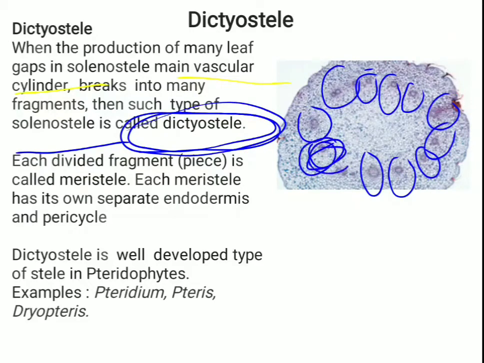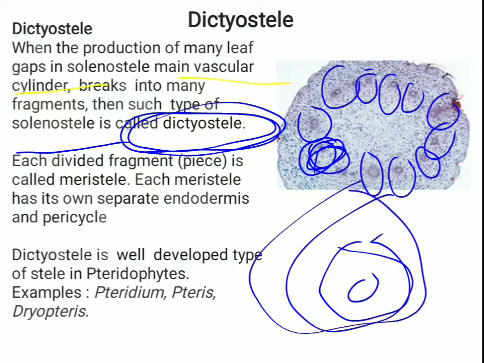Each meristele has a separate endodermis and pericycle. First is the xylem and then phloem, then pericycle and endodermis. This whole structure is present in each part of the meristele.